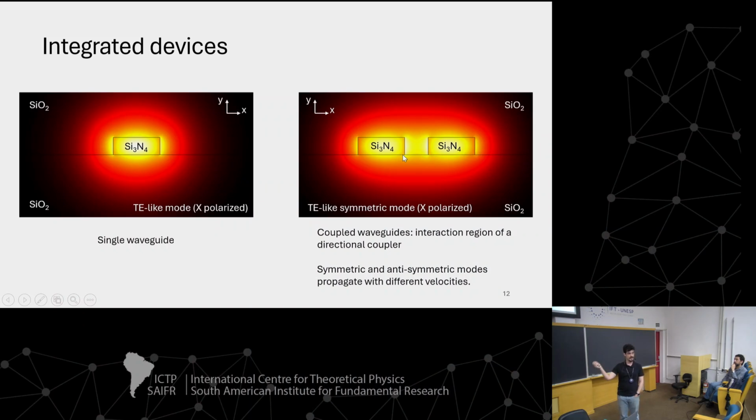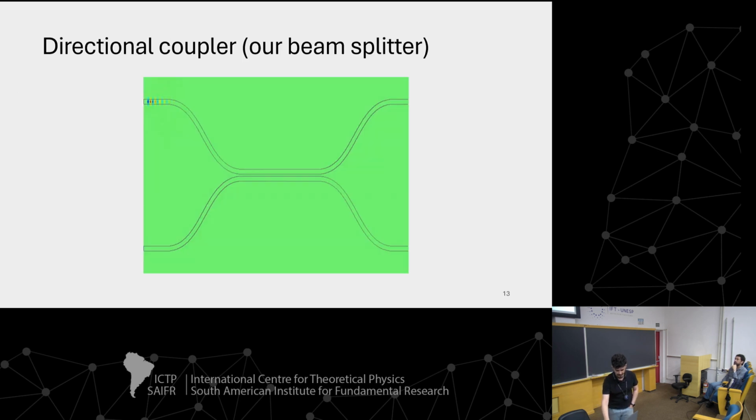You can have symmetric and anti-symmetric modes. And as these propagate, they propagate with different velocities. And in effect, what you have is this. You have an integrated beam splitter. And so now you only need to be friends with someone that can fabricate this for you.